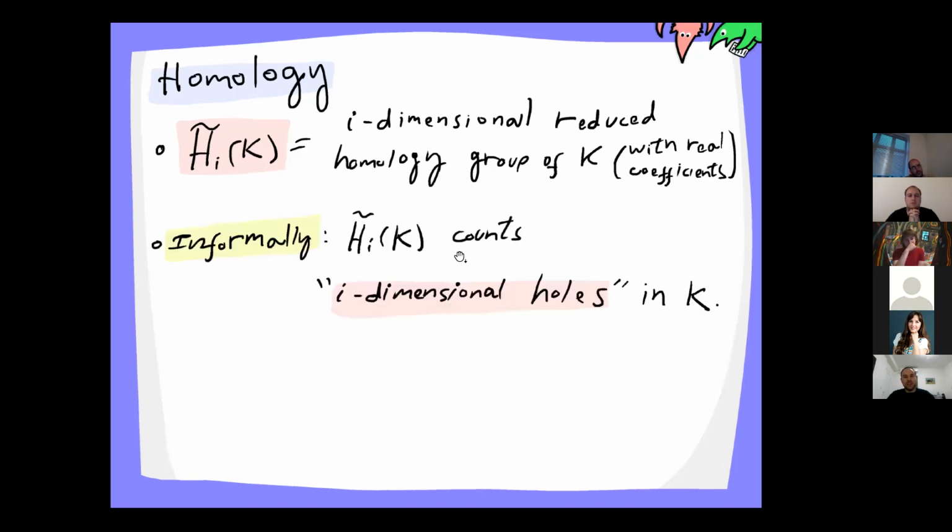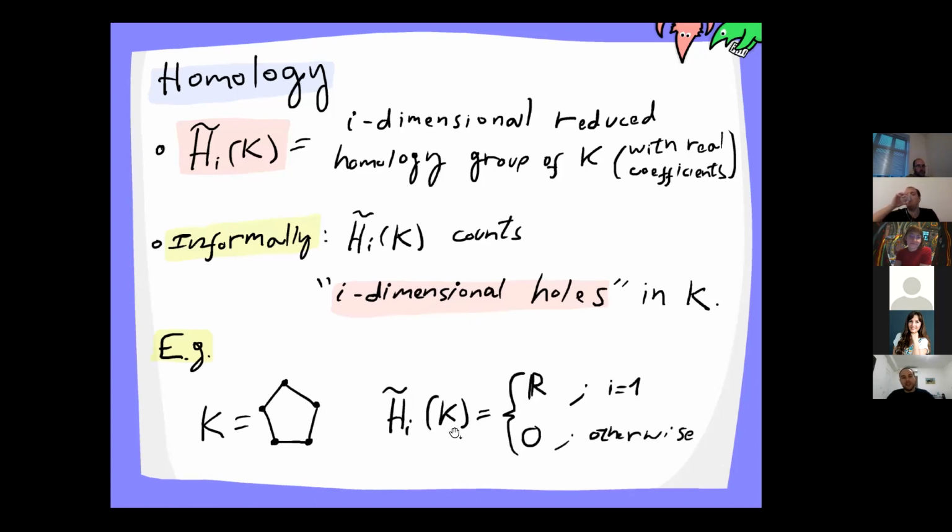Informally, the i-dimensional homology group counts how many i-dimensional holes there are in the complex. For example, if K is this one-dimensional complex, this graph, then it has homology in dimension 1, corresponding to this one-dimensional hole, this cycle.